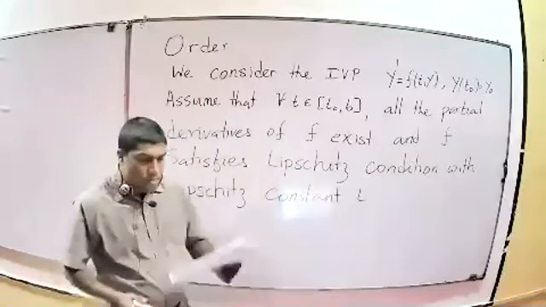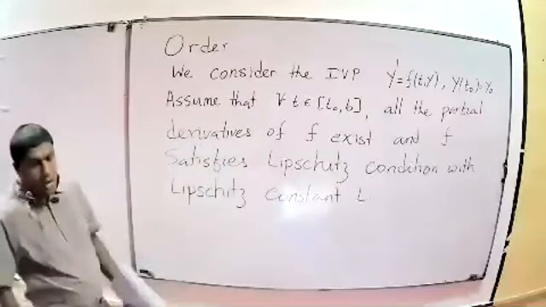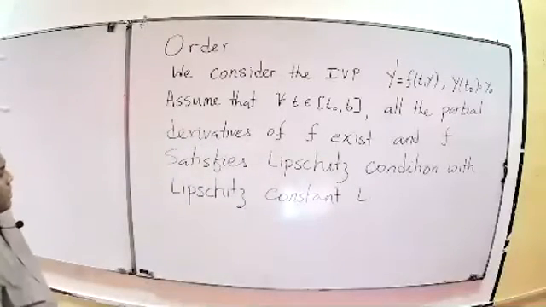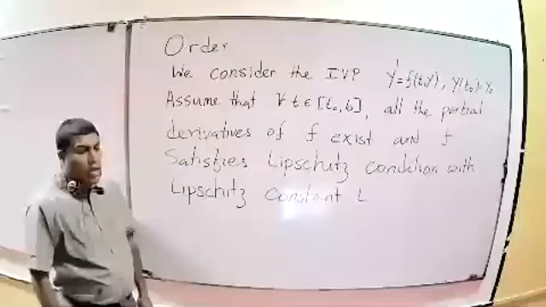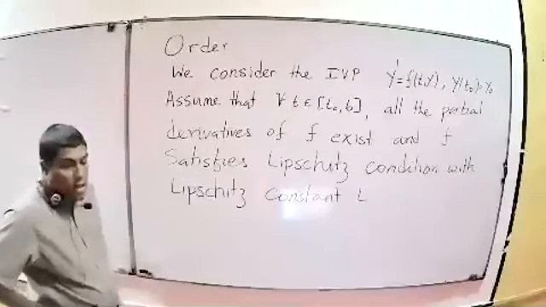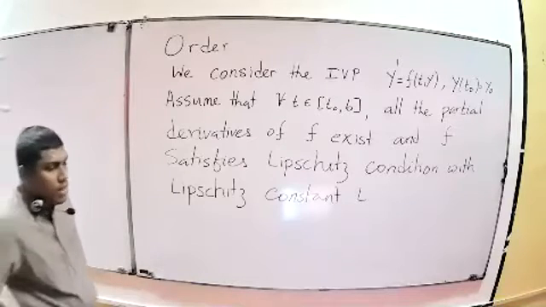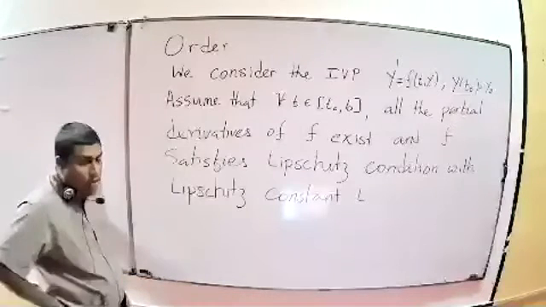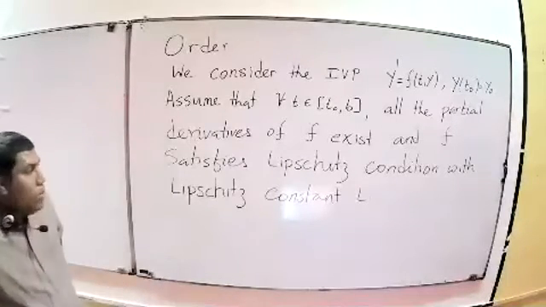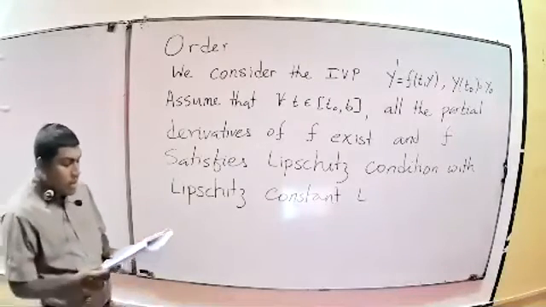So this is constant. Let us have these assumptions. We assume that the function f satisfies a Lipschitz condition with Lipschitz constant L, and also let us say that all the partial derivatives of the function exist.